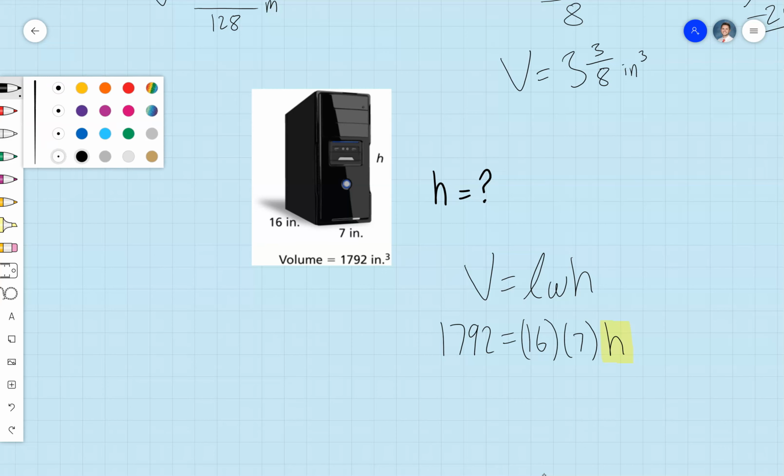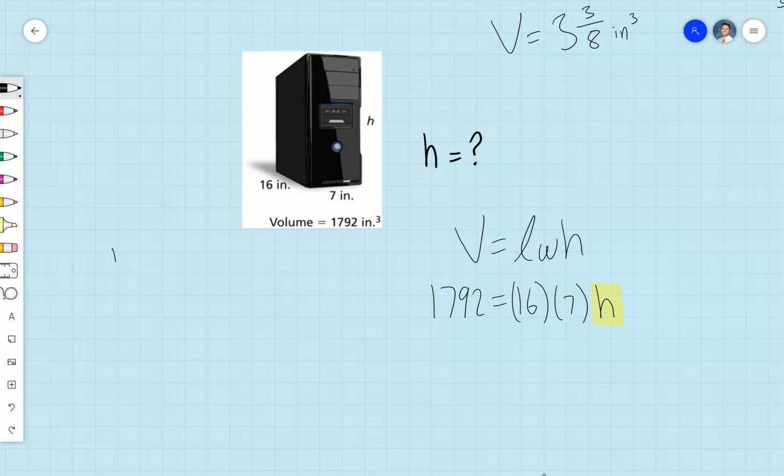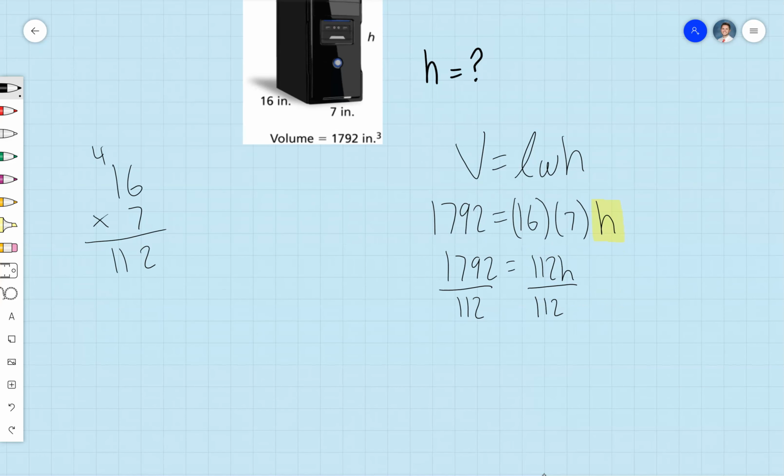The first thing we can do is multiply 16 and 7 to simplify that. So 16 times 7 is 112. So now we know that 1,792 equals 112h. In order to isolate h, we need to divide both sides by 112. That will give us h equals, and we need to solve here.